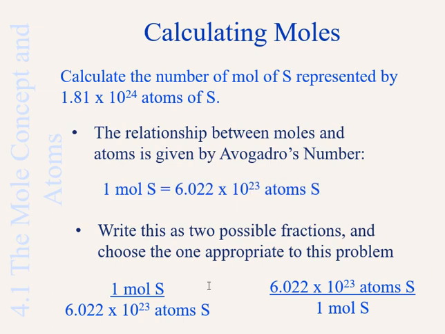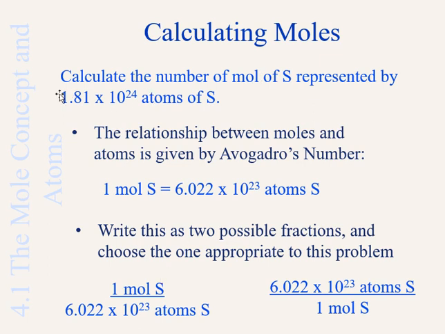That gives me these two forms for the conversion factor, and one of these two forms will be multiplied with this value here, just like we learned in our metric conversions. We start with our starting value including the units and multiply it with one of these two. Which one will it be? We want our final answer to be in moles of sulfur, and we want to cancel out the atoms.